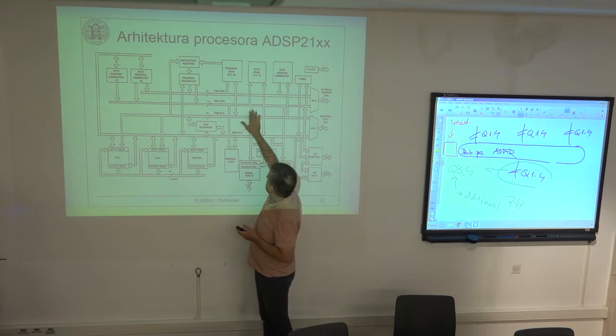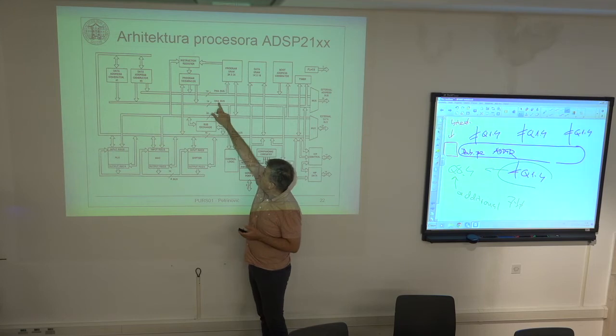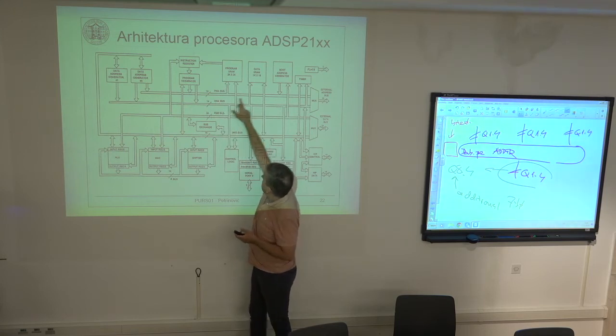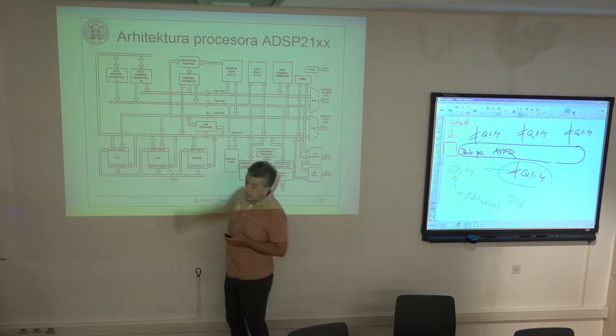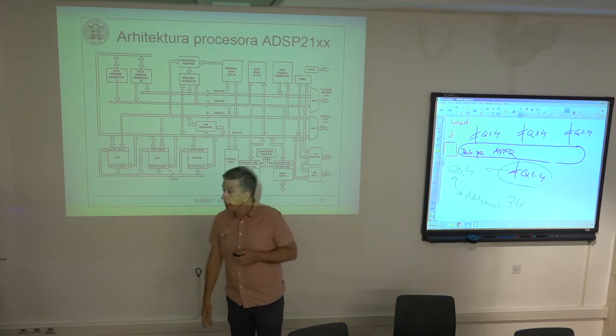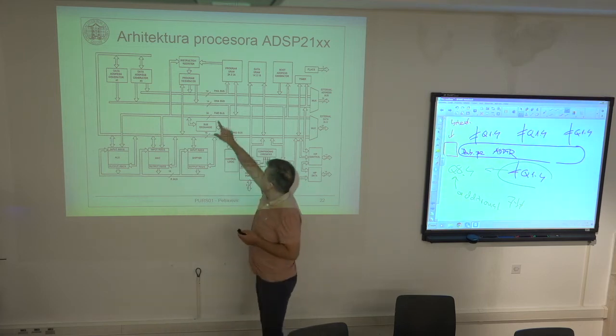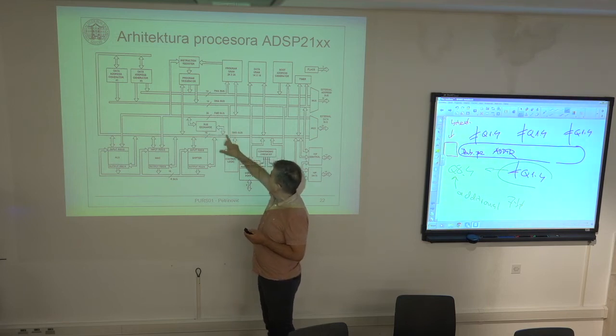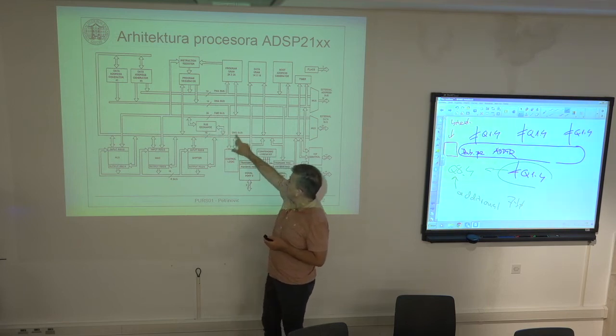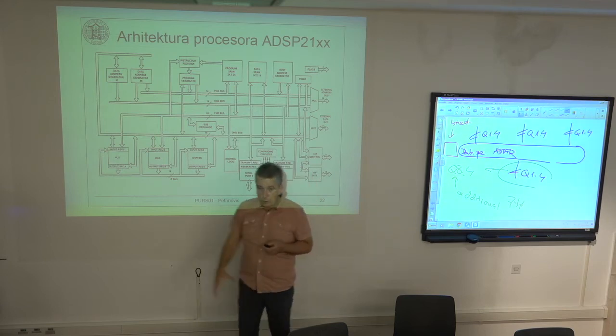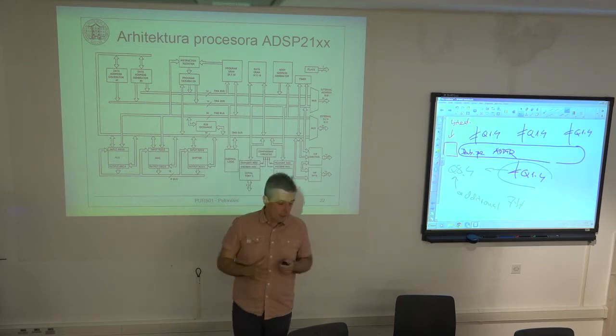One address bus for the data space, this is the data memory address bus. The other one is the program memory address bus. PMA, DMA. These are the data buses, PMD, program memory data bus, and DMD, data memory data bus. So two data buses, two address buses.